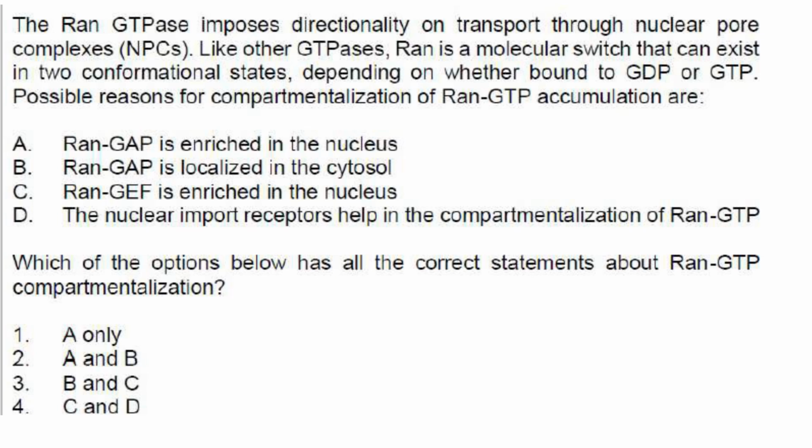Now possible reason for compartmentalization of RAN GTP accumulation is, which are the correct statements? So RAN GAP is enriched in the nucleus. No, it is in the cytosol where RAN GAP is found. RAN GAP is localized in the cytosol. That's correct. RAN GEF is enriched in the nucleus. That is also correct. So B and C are correct. Answer is option 3.